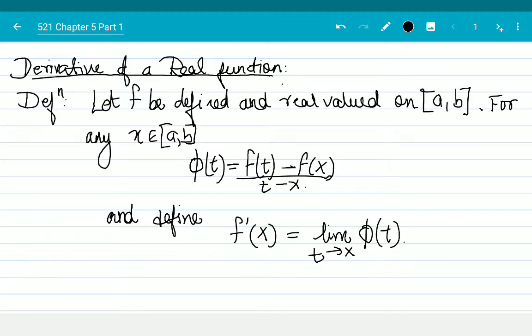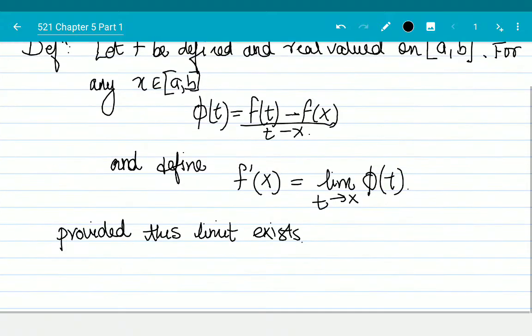You're probably familiar with the definition of derivative, provided this limit exists. Then f prime is called the derivative of f.